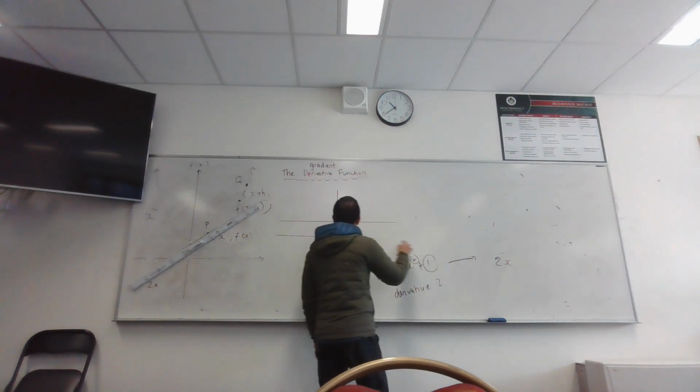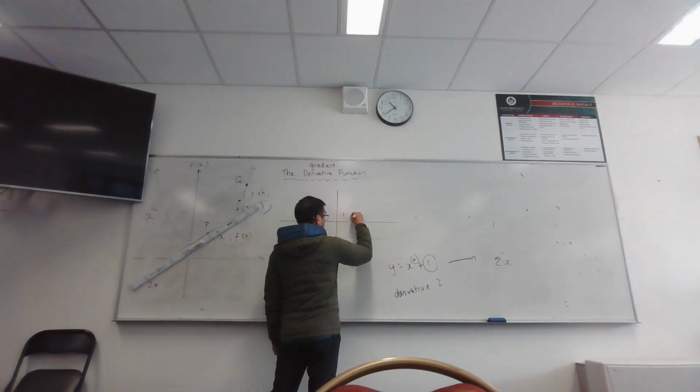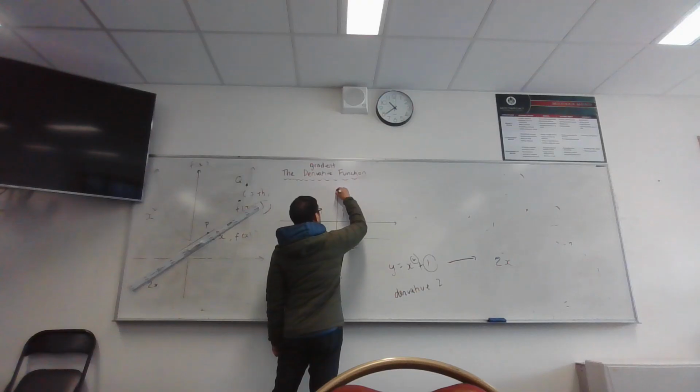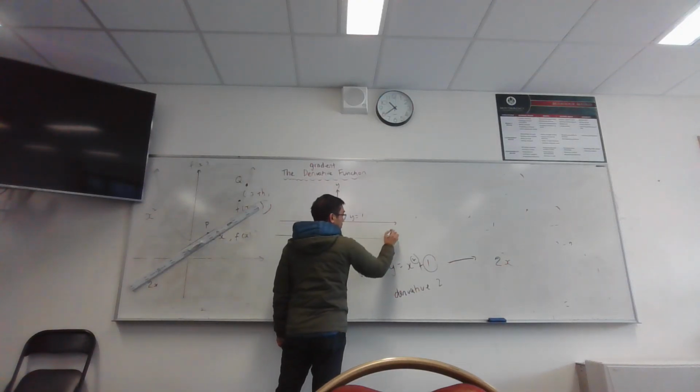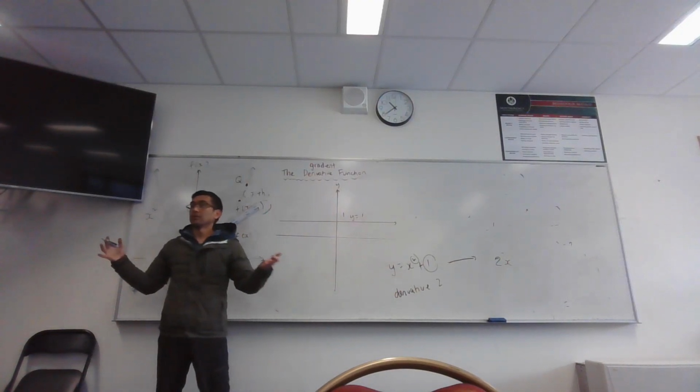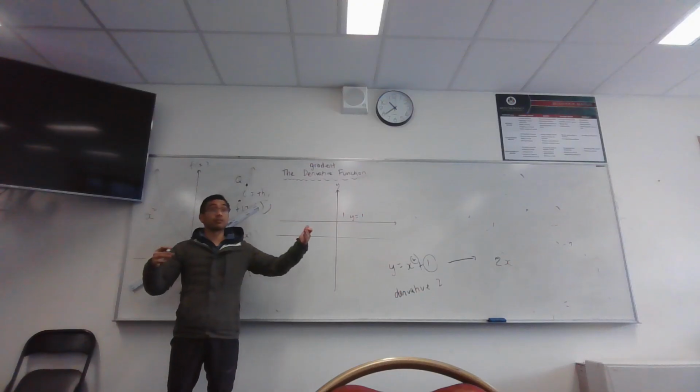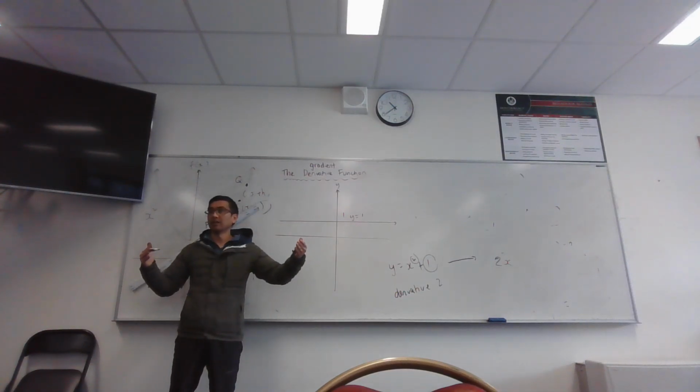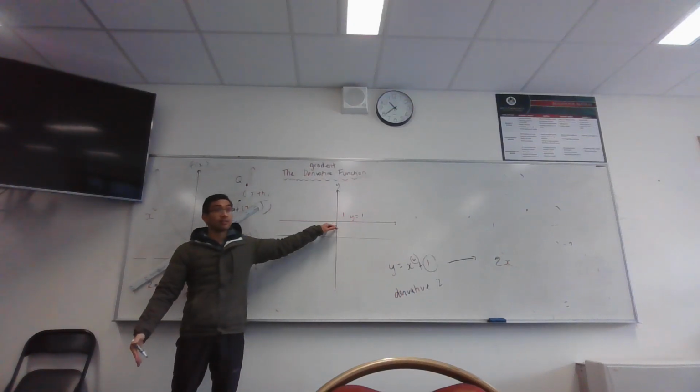Now let's focus on y equals 1. This is a constant line. Question for 2 lollies today: what's the derivative, the gradient, of this line? It's 0. It's flat.